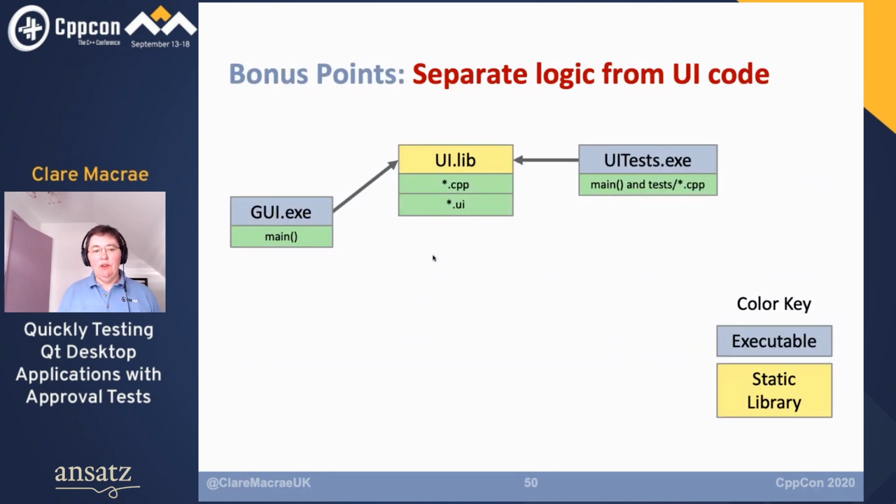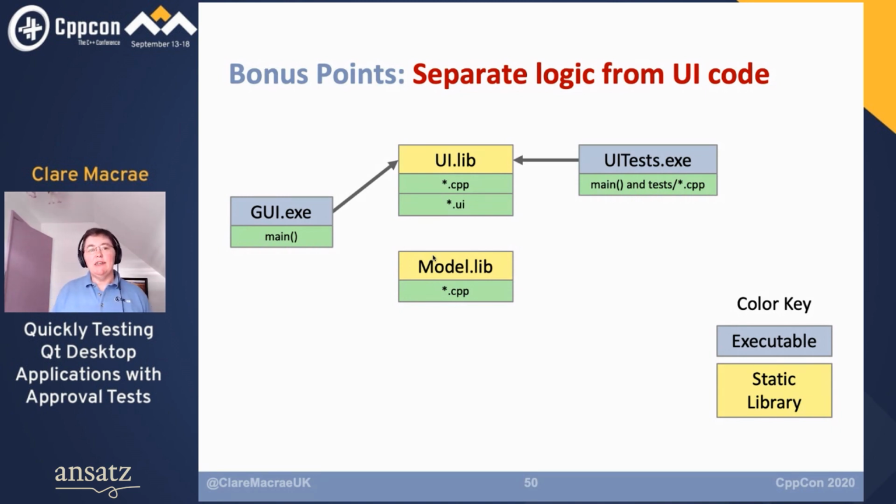Bonus points on this: I showed you originally how we'd separate our GUI executable out into a library and some separate tests. Better still would be to separate out the data storage and logic, business logic, algorithms, that sort of thing from the UI library.